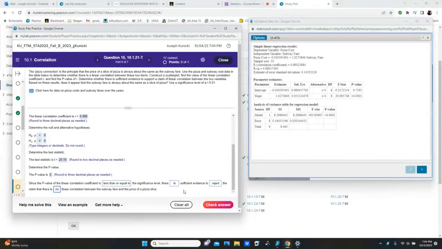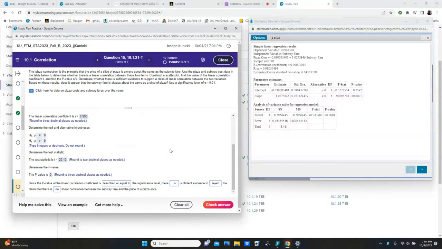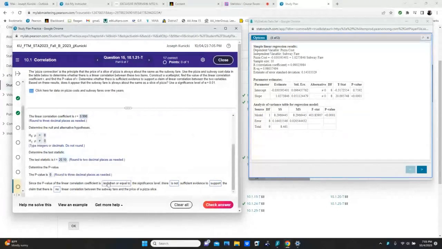So they're saying the claim is in the null hypothesis, so we're rejecting that because, oh, what did I do here? Okay, so there is not sufficient evidence to support the claim that there is no... there we go, no. The p-value is less than or equal to the significance.